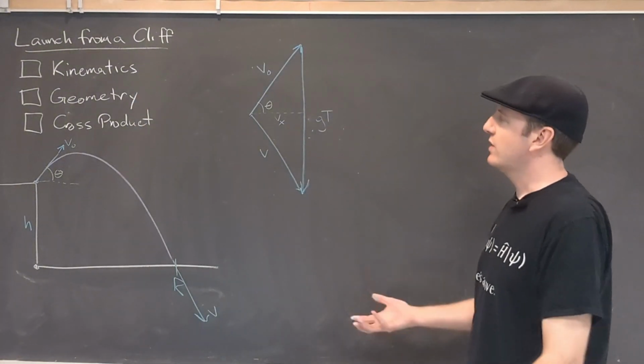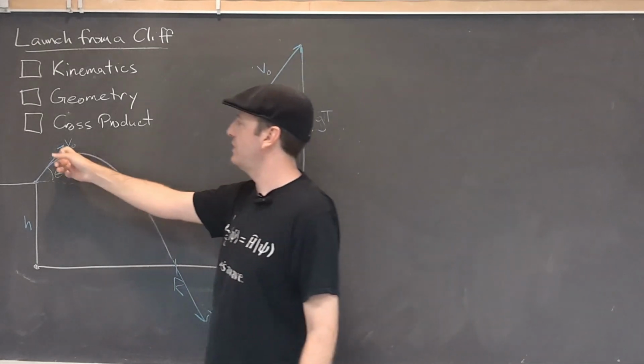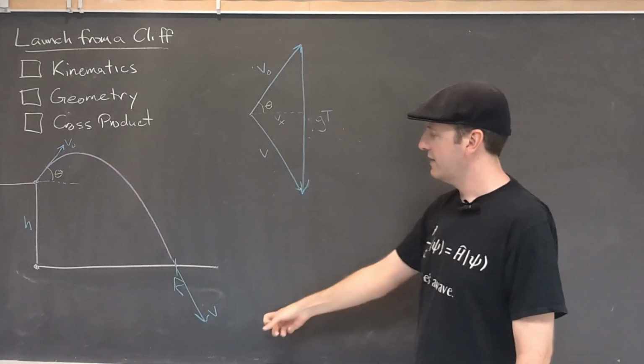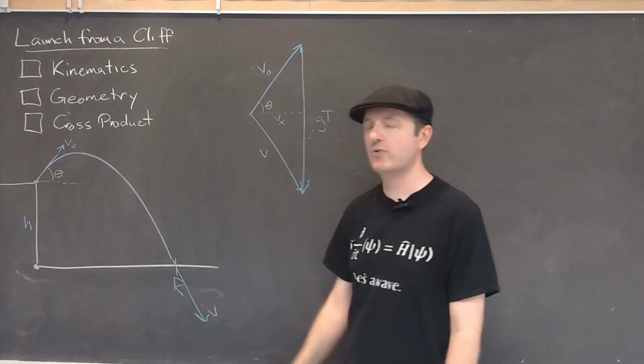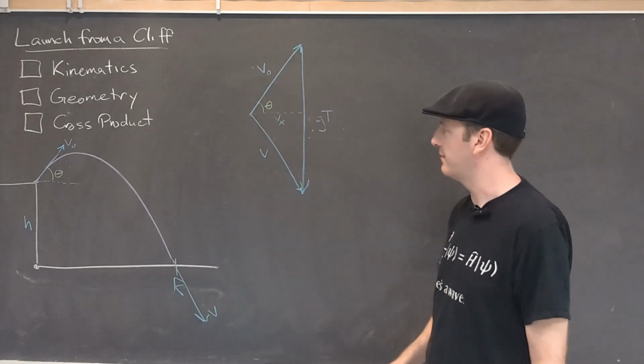Okay, so on the board, I've drawn a couple of vectors. Here we have v naught. This is the initial velocity vector when it's launched. I also drew in v. This is the velocity vector right before it hits the ground at that maximal range point, or at the range in general.